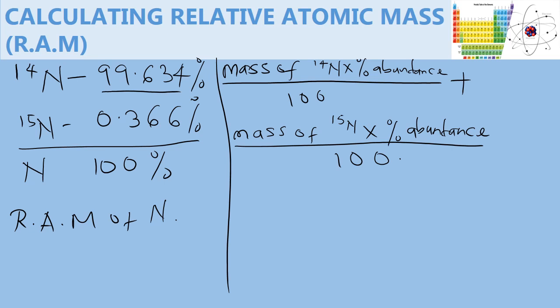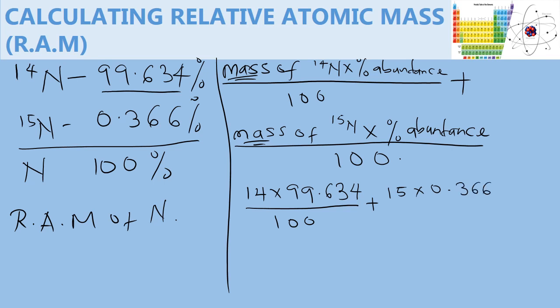The mass of nitrogen 14 is 14. Remember, this mass represents the mass number. So it is 14 multiplied by 99.634 divided by 100. And then we add 15, which is the mass number for nitrogen 15, multiplied by 0.366 divided by 100.